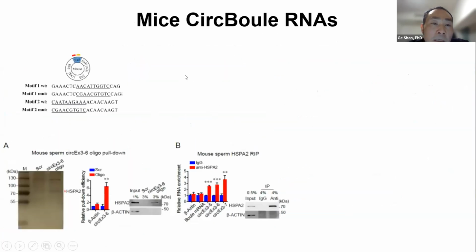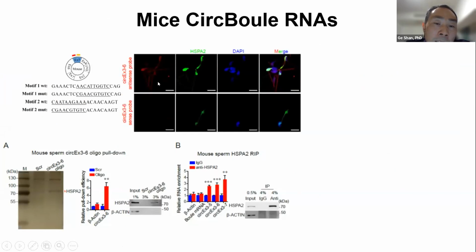In mice, the two binding sites are also conserved, and we found that circBoule RNA in mice interacts with a heat shock protein called HSPA2, which is also an HSP60 family member.